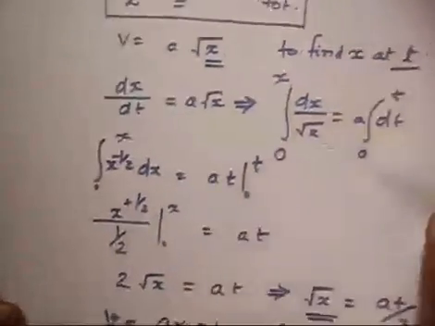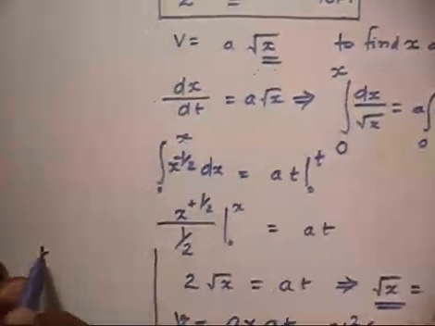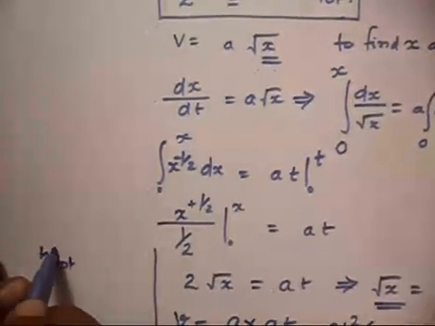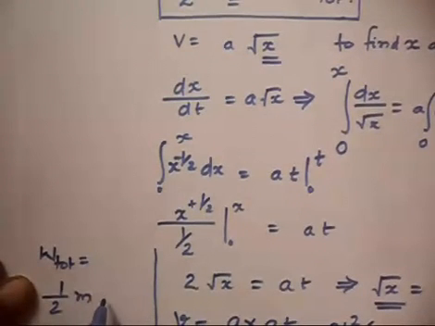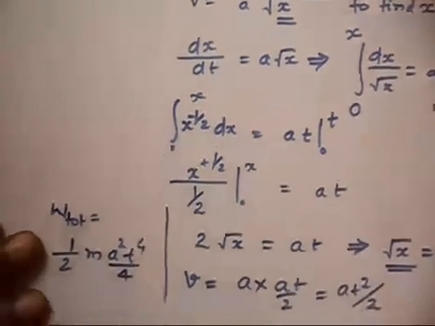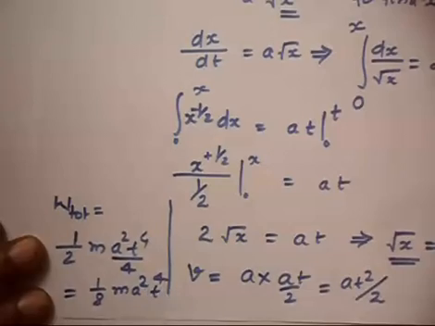Total work done will be half m v square, where v square is a square t to the 4 by 2 square, that is 4. So total work done will be 1 by 8 m a square t to the 4.